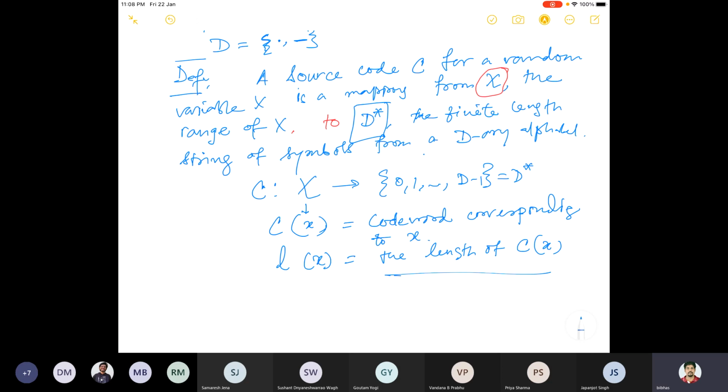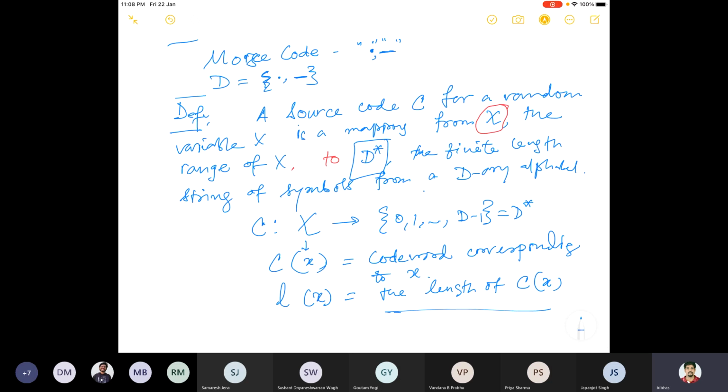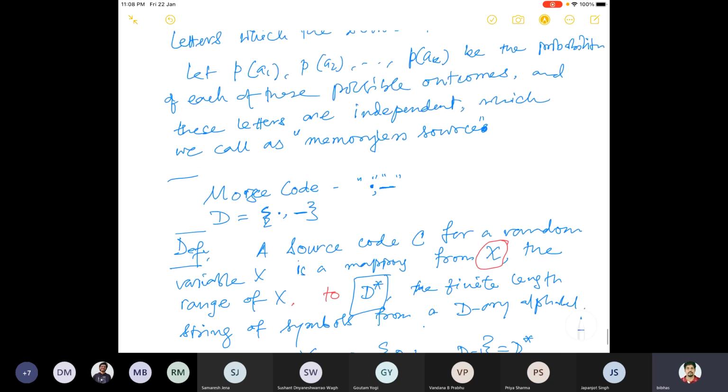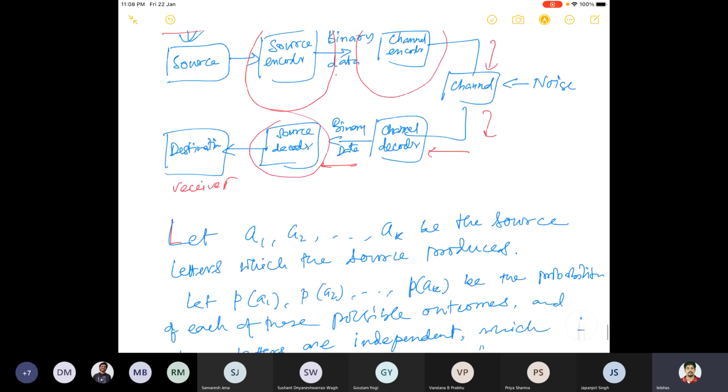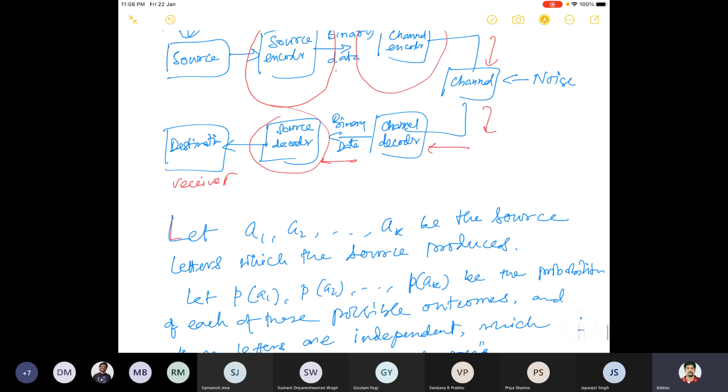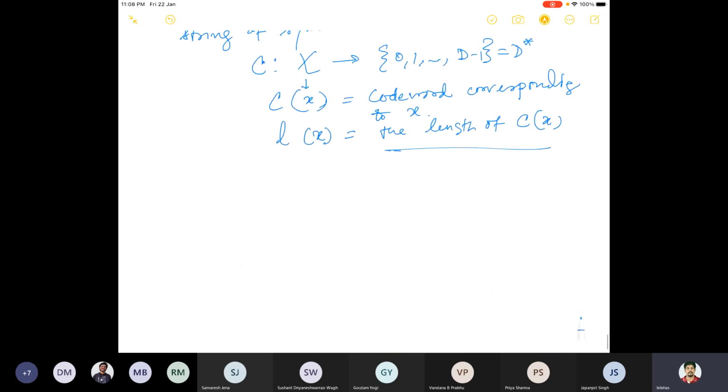Now here, if you look at my example of this communication system, the diagram here, the question I raised is the following. If we have A1, A2, up to AK, then I have to decide a coding scheme for all these letters. So the questions that I raised can now be defined using symbols.